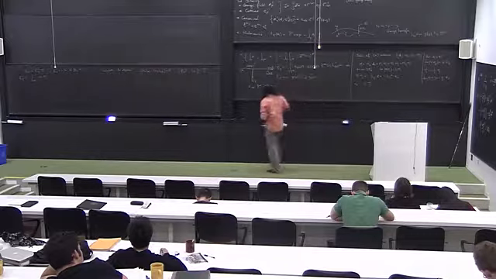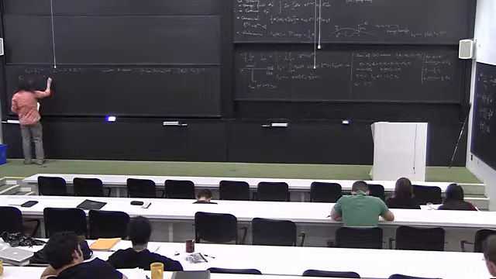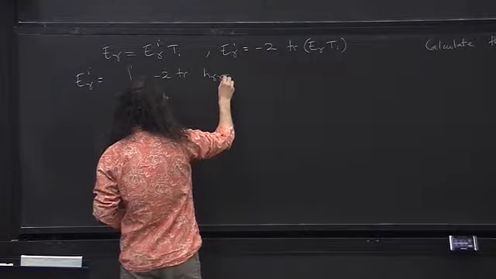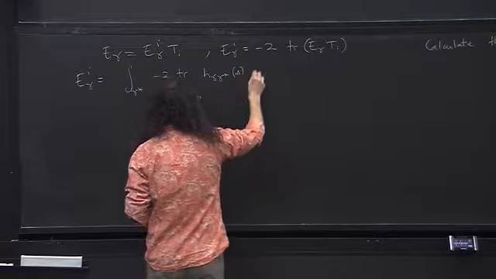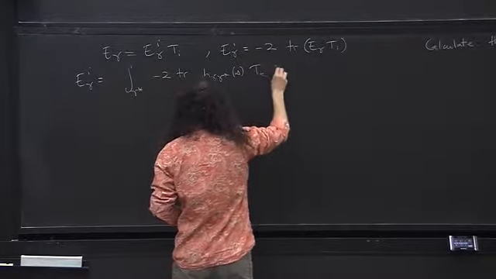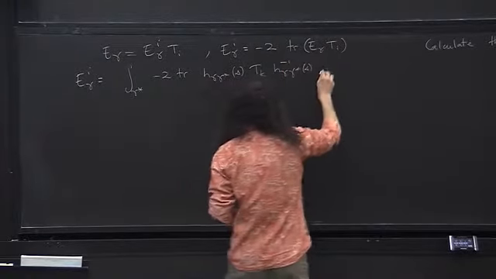So here it's going to be H gamma gamma star S T K H gamma gamma star S minus 1 Ti.